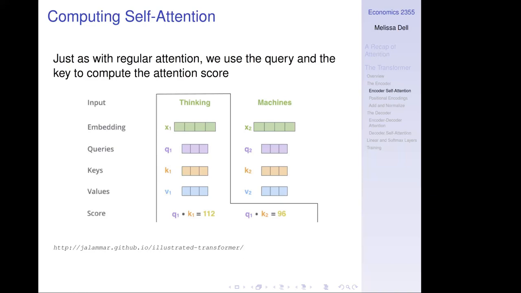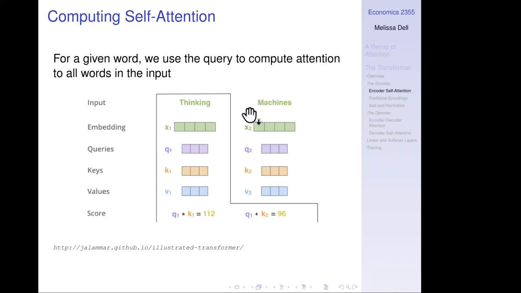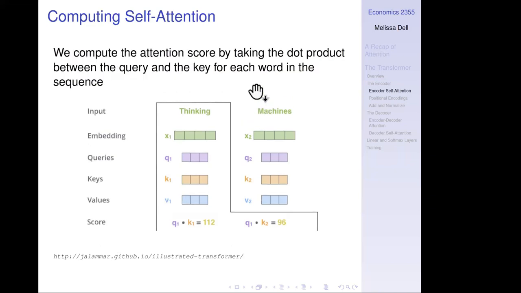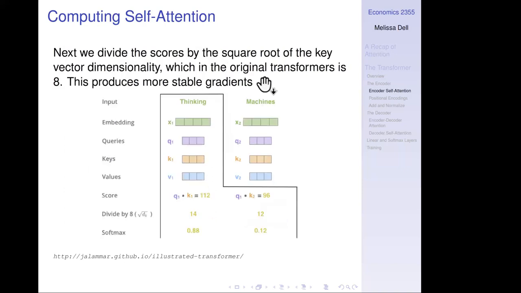And Q2, which is machines' query vector, times K2 is how much it should pay attention to itself in creating its embedding. If we do this for each word across the sequence, here it's 2 words, but in reality it might be 512 or more words, we compute that attention score, which is the number down there, with the dot product.